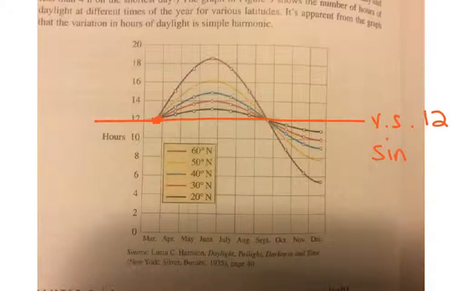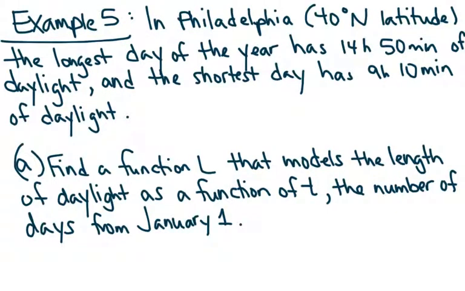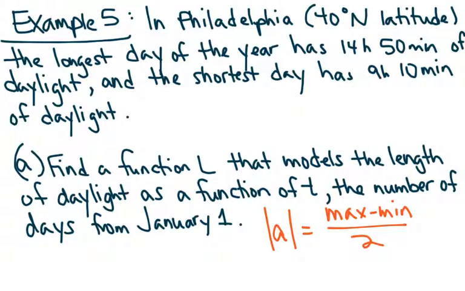Well, now I need to do a couple other things. One of the things I've got to do is find the amplitude. Well, they told me that the longest day of the year was 14 hours and 50 minutes and the shortest day was 9 hours and 10 minutes. I can find the amplitude by subtracting those two values and dividing by 2. So another formula for finding the amplitude of a function is max minus min divided by 2.